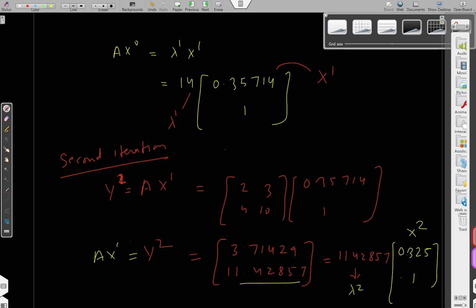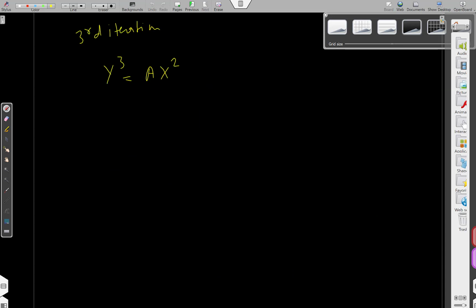So we will use it and compute the next approximation to the eigenvalue. So y3 equals A x2. What is coming out to be here? Now you are getting 3.65, and this value is 11.3.